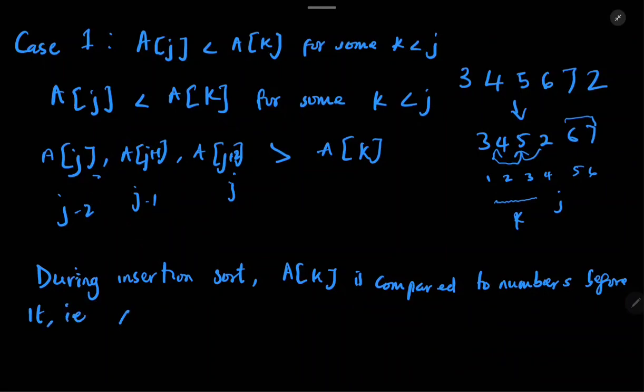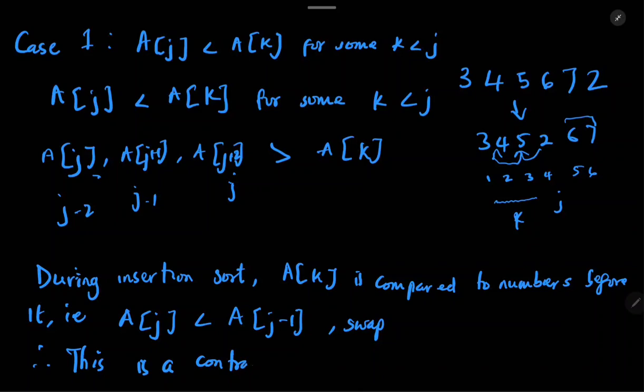At this point you cite that expression we had in the pseudocode where we said that if this guy is less than this guy minus 1, we swap. Therefore, this case is a contradiction, if that makes sense. Okay, so this is case 1.